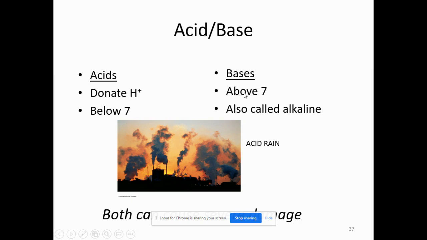The further you get from 7 toward 14, the more basic, or alkaline, that solution is, and the higher the hydroxide ions are in solution. Both acidic solutions and basic solutions can cause major damage.